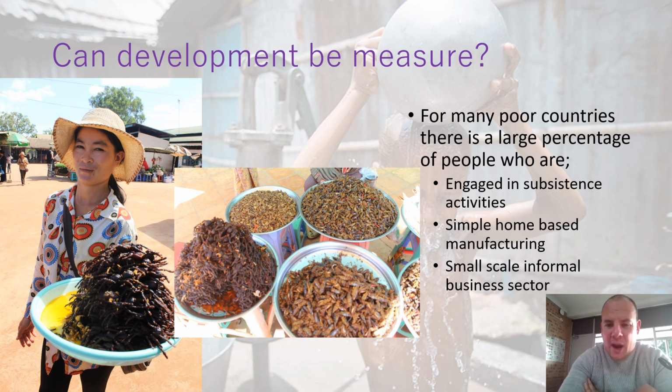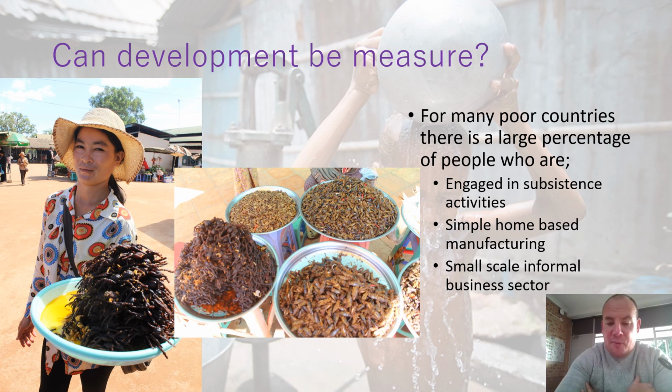So for many poor countries, a large percentage of the population engage in subsistence activities. Remember, subsistence activities is like the type of employment this woman is doing. Obviously, she's trying to sell her product. She will sell enough just to make ends meet. That's what subsistence activities mean.